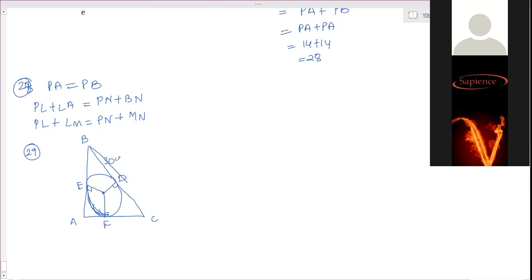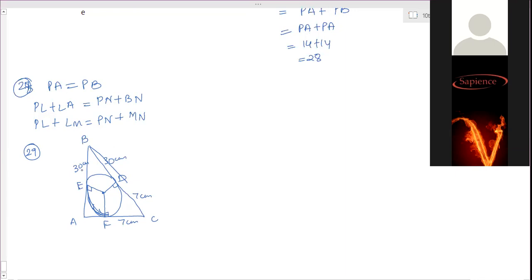This is 30. This is 7. What have they given? Right angle triangle. Find AF. AF you have to calculate.